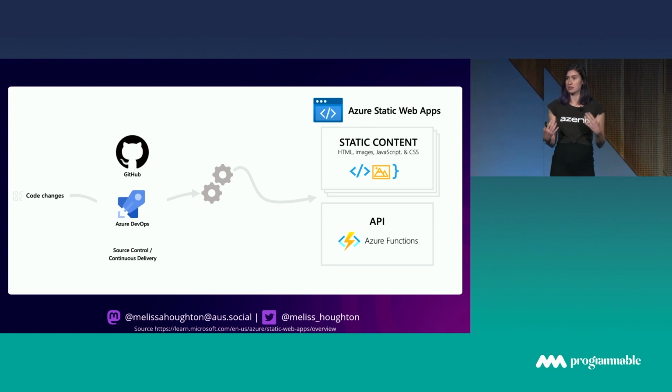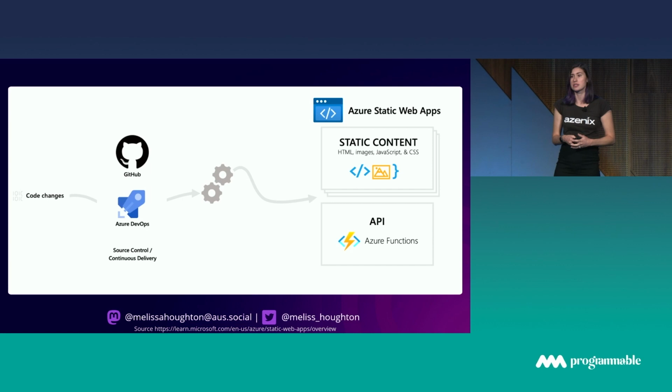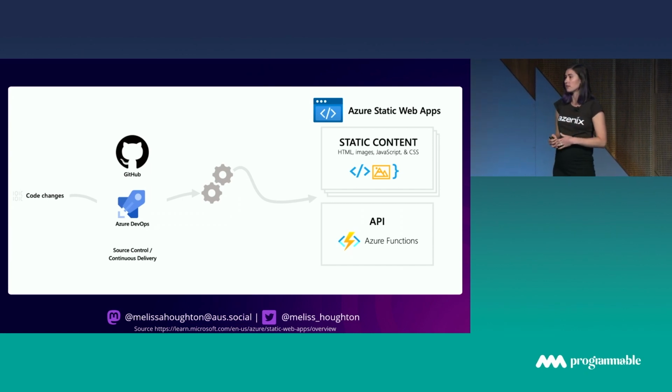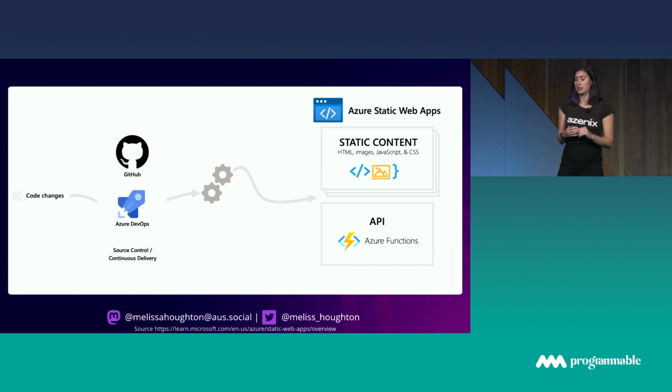So it's a serverless solution offering. As in the name, you're using static content in the front end. So this is generally your HTML, your CSS, your JavaScript, that kind of stuff. But we're looking at how we can use it with .NET in the front end. So we're using something called Blazor WebAssembly, which I'll talk about a little bit more in a second.